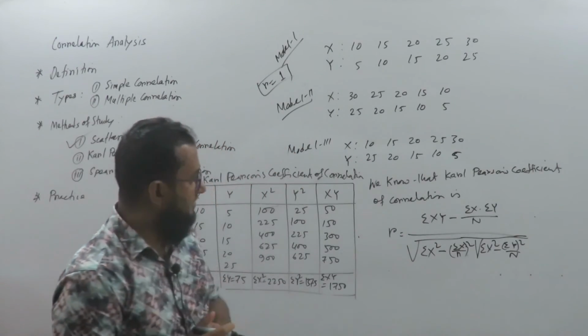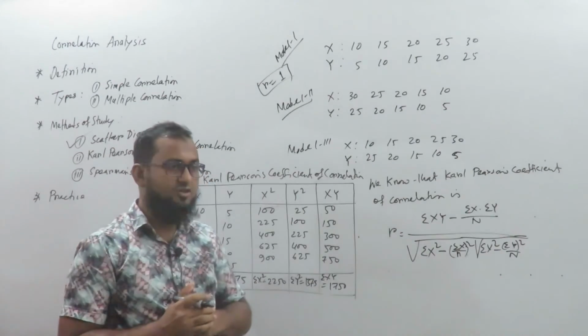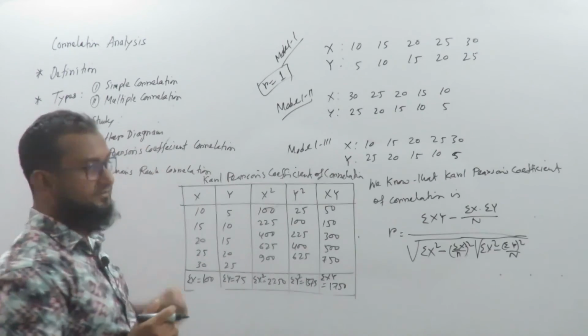This is the formula for determining Karl-Pearson's coefficient of correlation by using actual data.